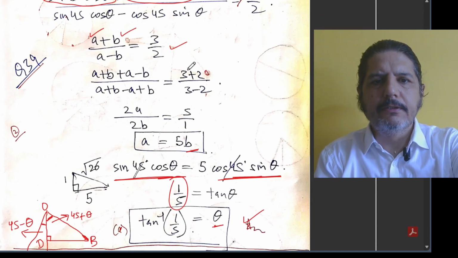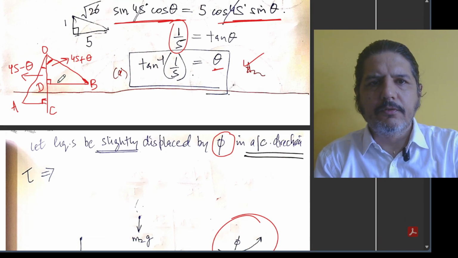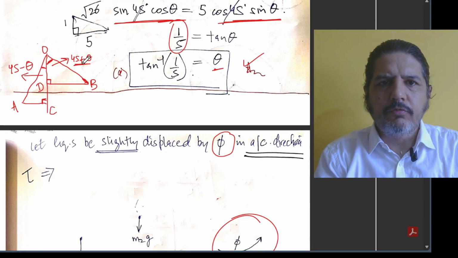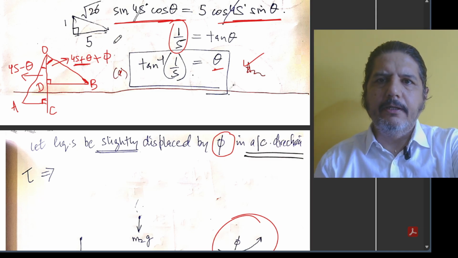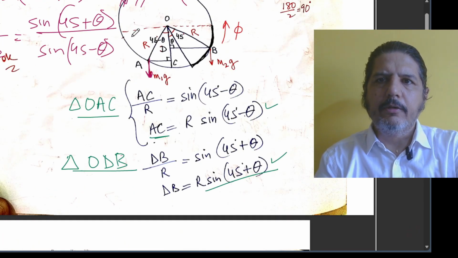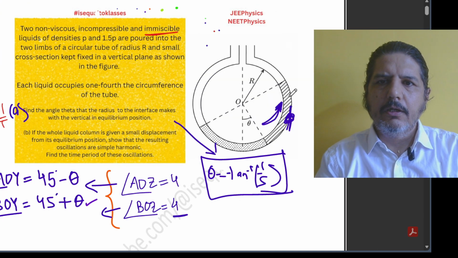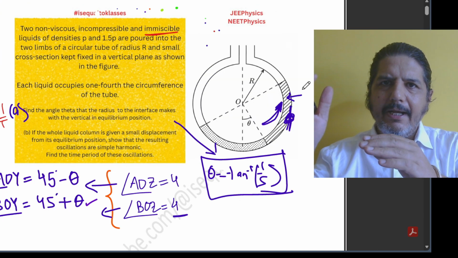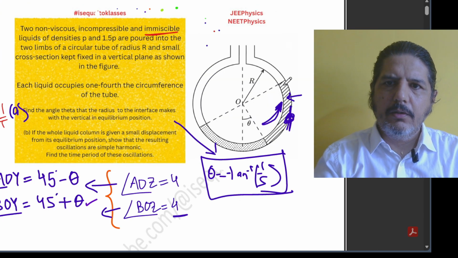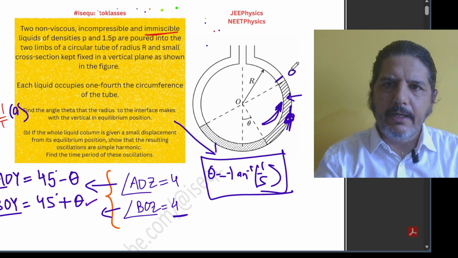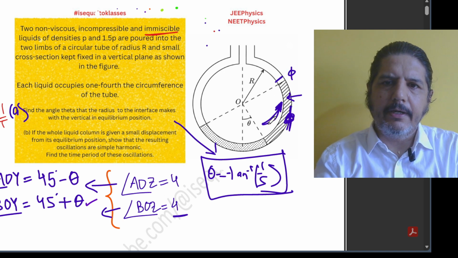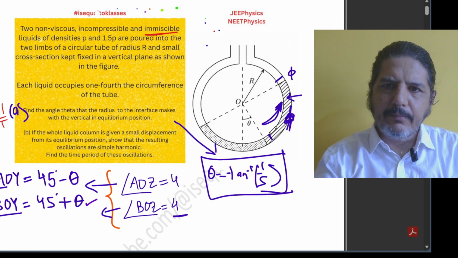So I have copied this here. So this is the setup that we had. So this 45 plus theta will increase by phi. Why? Because the liquid on the right side, this liquid, will rise up by phi, and this part will also rise up by phi.